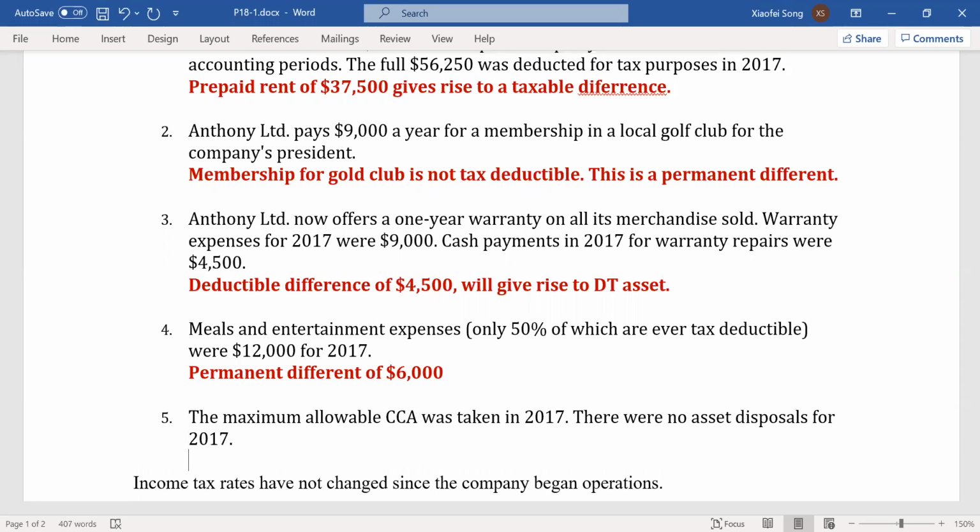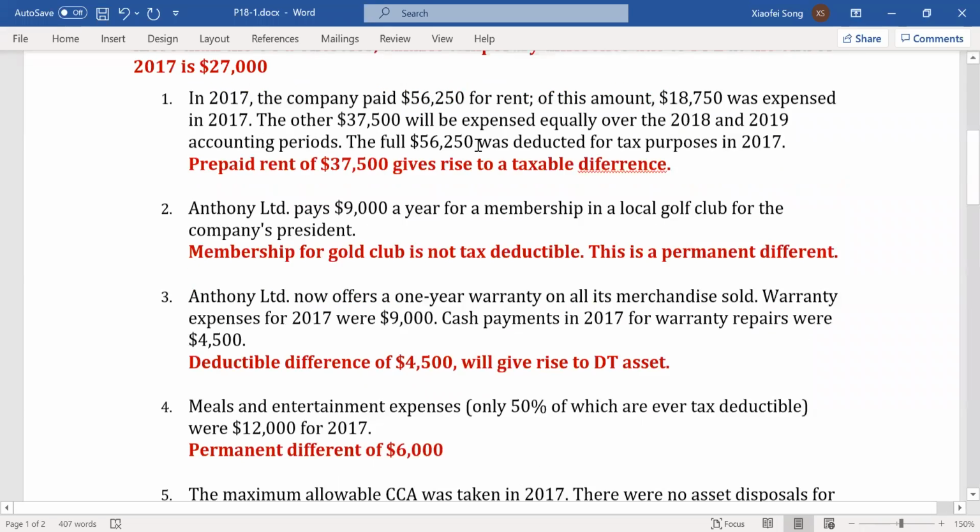The maximum allowable CCA was taken in 2017, and there were no assets disposed of in 2017. So again, they ask you to compute the book value and the UCC, and I will just give you a number. If you want, by all means, try to verify it. Oh, we already did that, right?